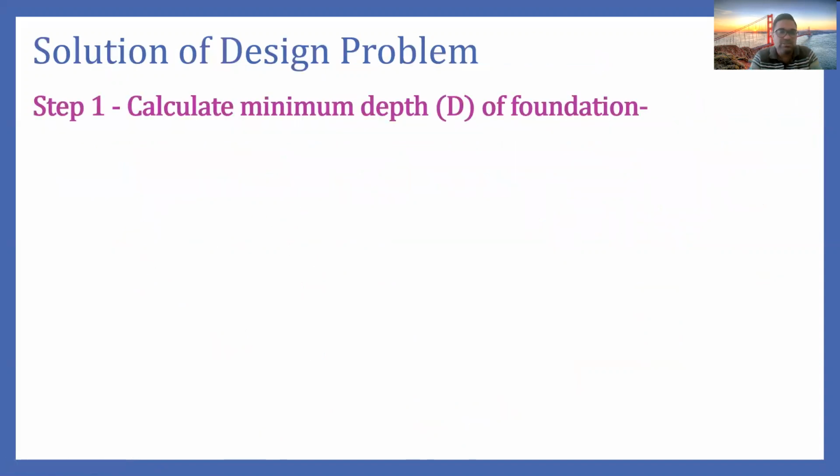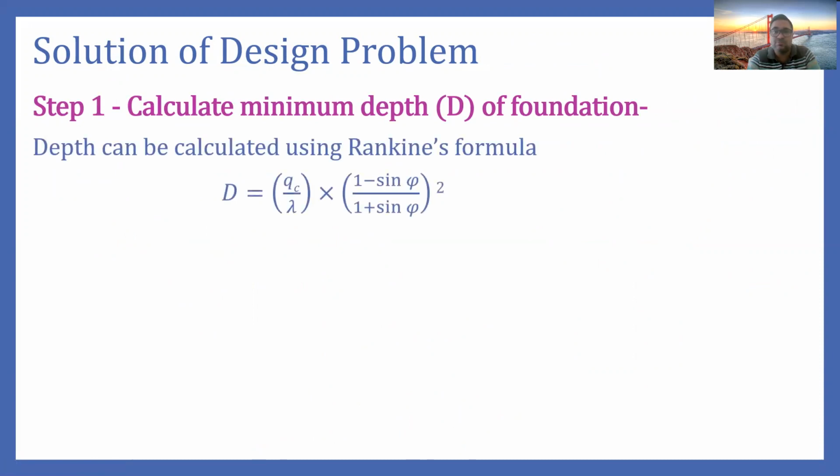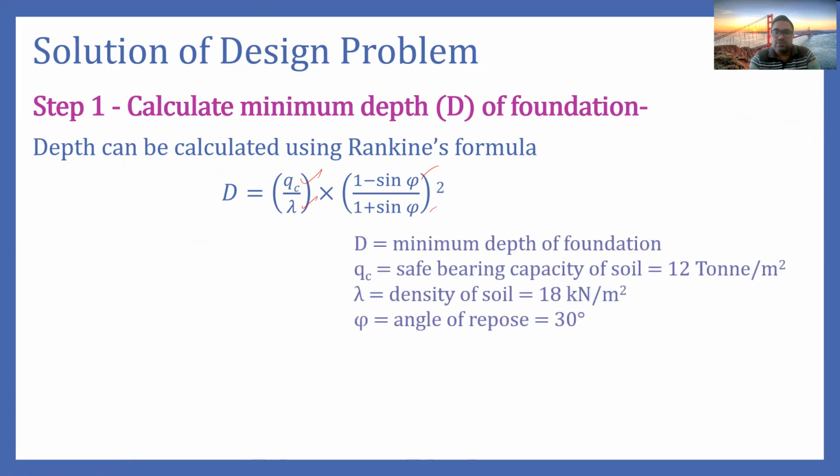So first step here is to calculate the minimum depth of foundation. We can calculate this using the Rankine's formula. Now we know all the terms given in the question, QC, lambda, phi. So here we put all the values.